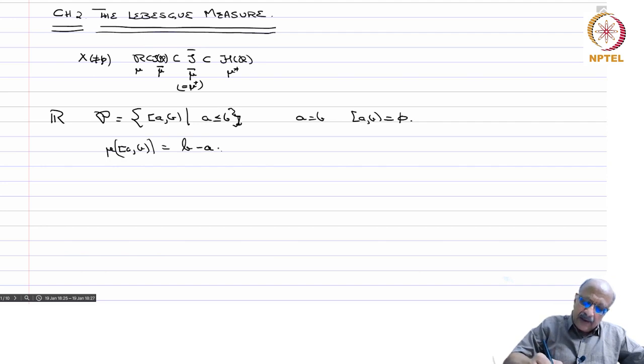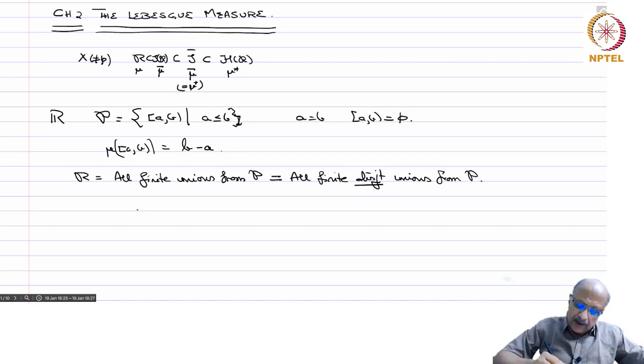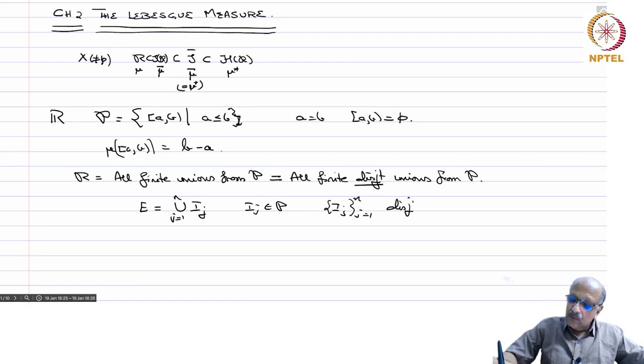and we are going to define on this mu of [a,b) equals b minus a. And then if you take R, which is the ring, so all finite unions from P, and we saw that this is all finite disjoint unions from P. So if you take E to be a set which is the union of Ij, j equals 1 to n, where Ij belongs to P, and the Ij are mutually disjoint.